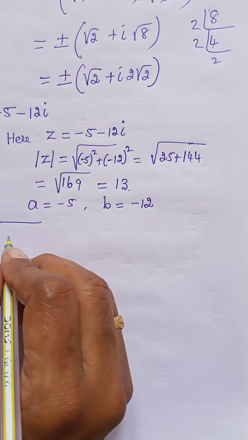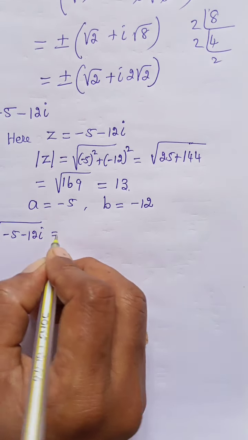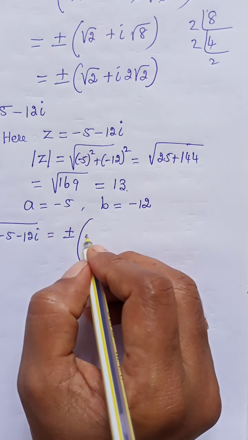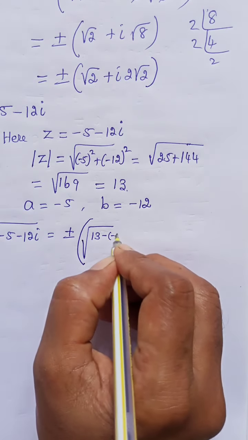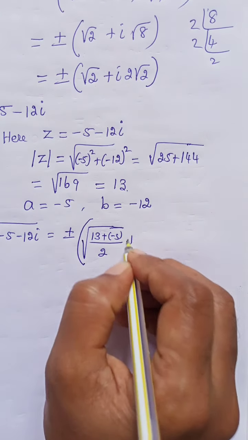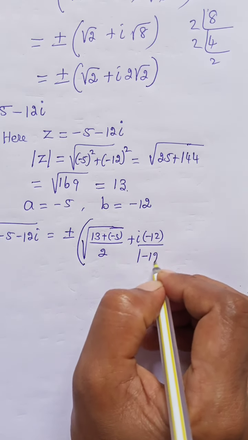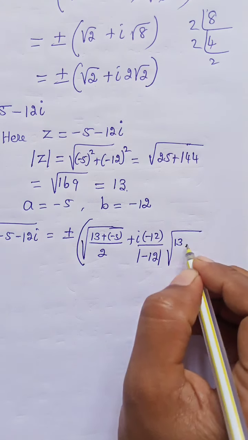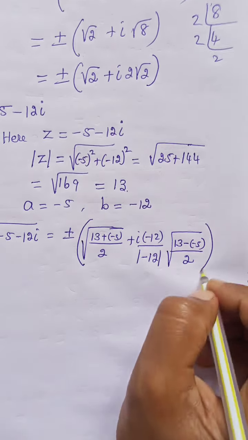So, when we substitute in the formula, the root of minus 5 minus 12i is equal to plus or minus, see, the root of (modulus 13 minus of, plus minus 5) divided by 2, plus i into minus 12 by modulus minus 12 into the root of (13 minus of minus 5) divided by 2.